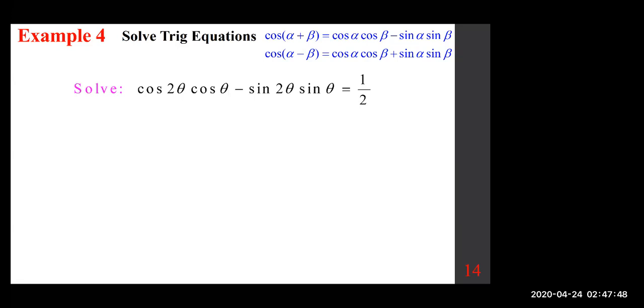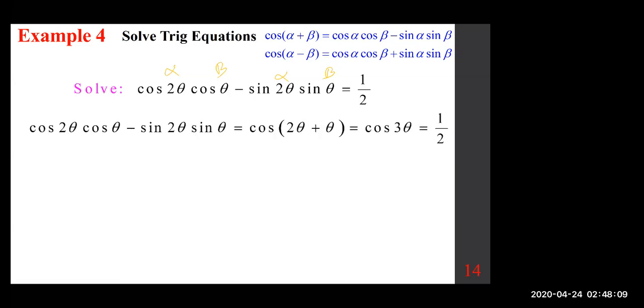Yes. We can use the first one on the top. This is alpha, this is beta, right? So it's alpha plus beta, isn't it? Isn't it alpha plus beta, everybody? Yes. So you're practically done.